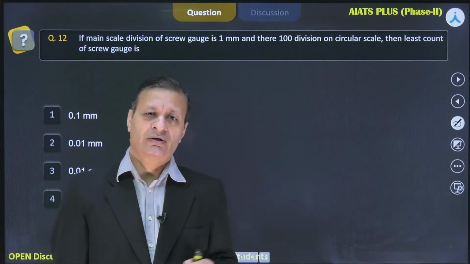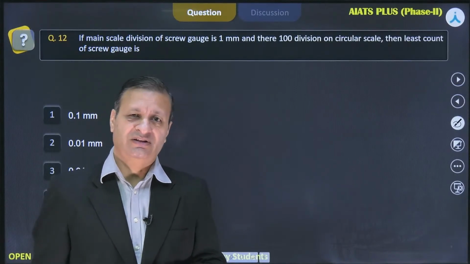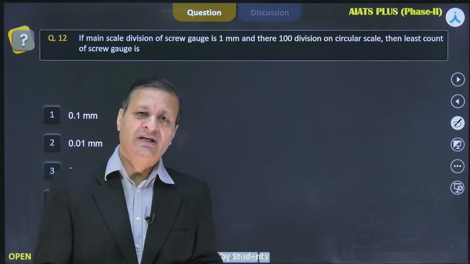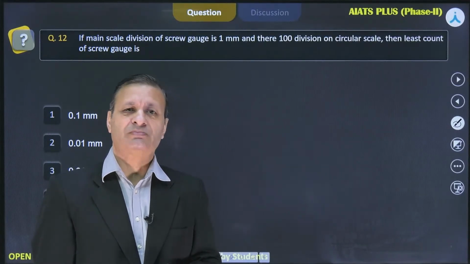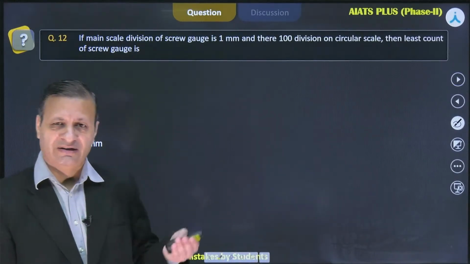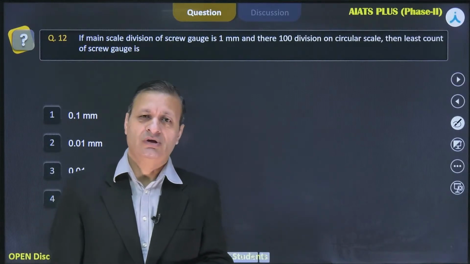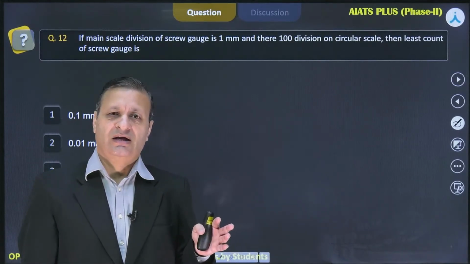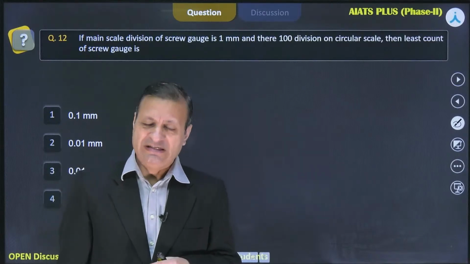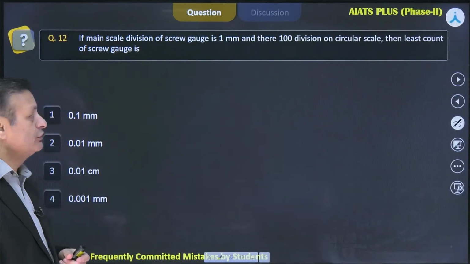It comes in your measurement, units and dimension, and simultaneously it is from a section additionally recommended to you as experimental skill. This screw gauge and the vernier caliper both belong to the experimental skills part, and that is important for your NEET syllabus also. So this is the screw gauge.